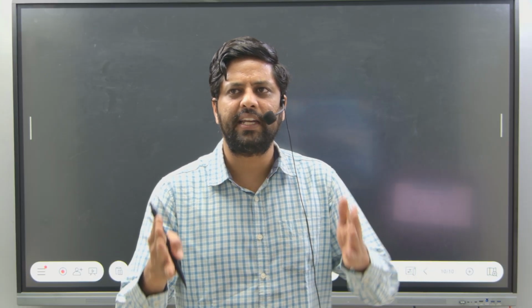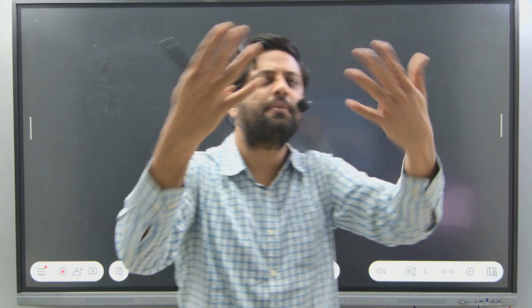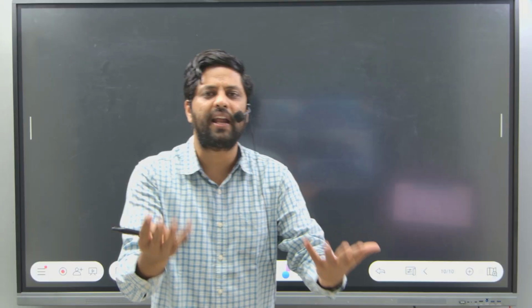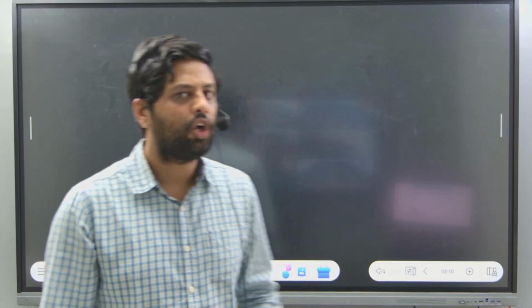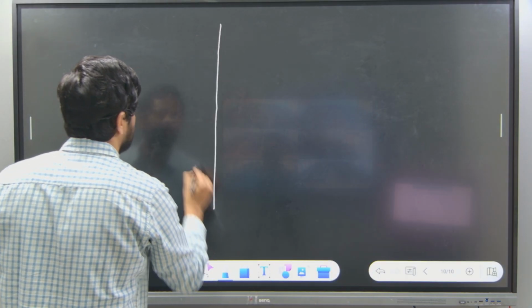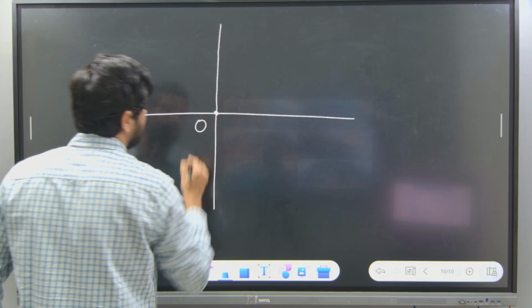Some of you will tell me that the screen is at this particular angle and so much distance from me. Then some other person will say that the screen is nearer to me at this particular angle. Everyone will have a different answer. So it's always important from the physics point of view that you need to have a common reference point. So we consider the origin as the reference point.